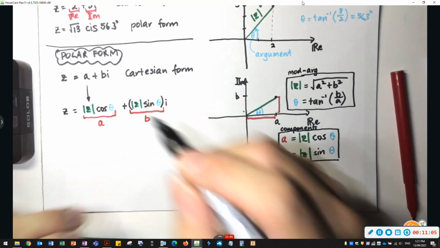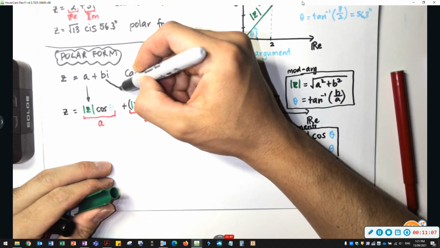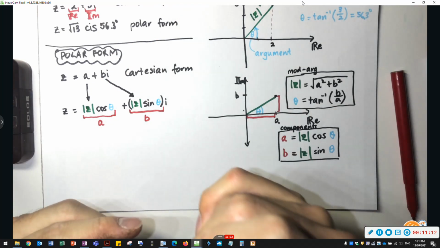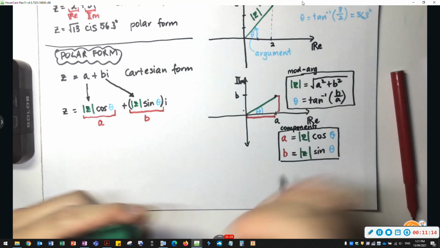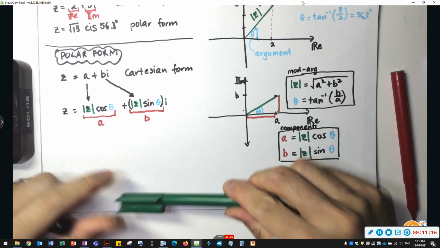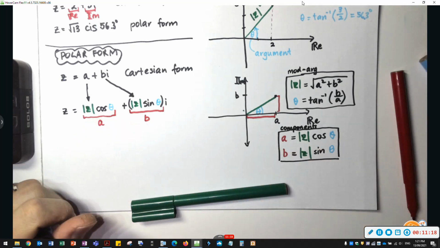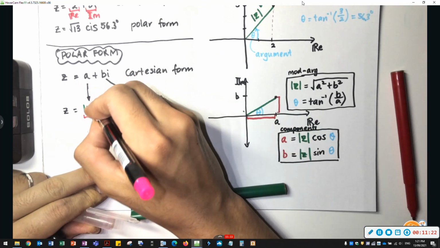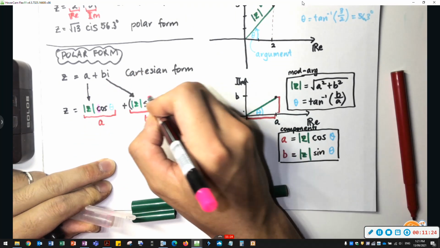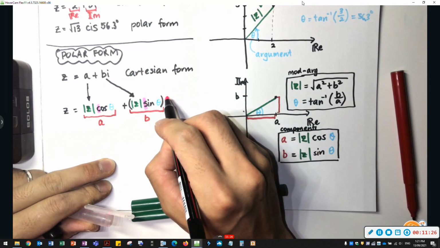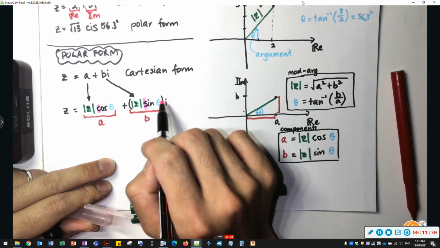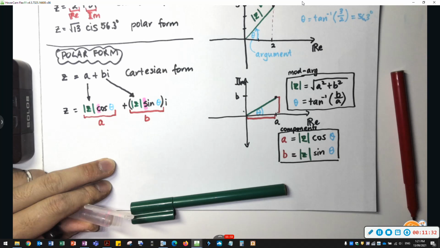Now that's very long to write, okay? So what they did was they did a shorthand notation. They used the first letters of each of those trig functions. So you'll see there's a C here, S. Now the i typically is written in the front, okay? So it's an imaginary component.